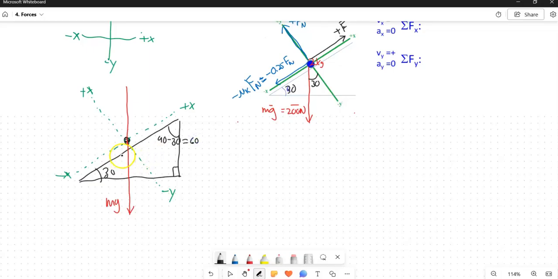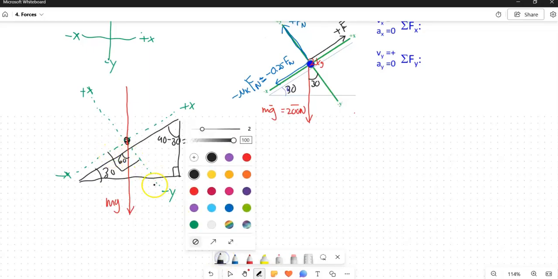So that means this is also 60 degrees, right? However, this whole area right here composes 90 degrees, since the y direction coordinate system is perpendicular to the x direction.